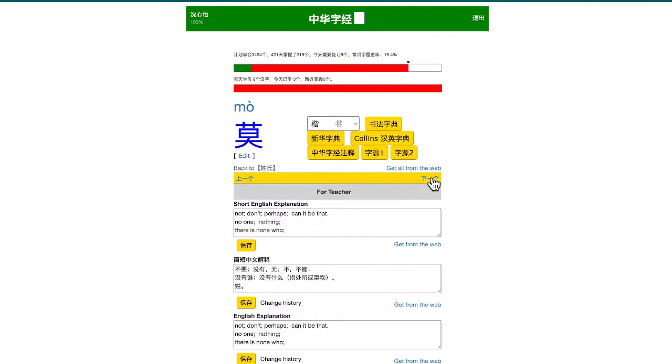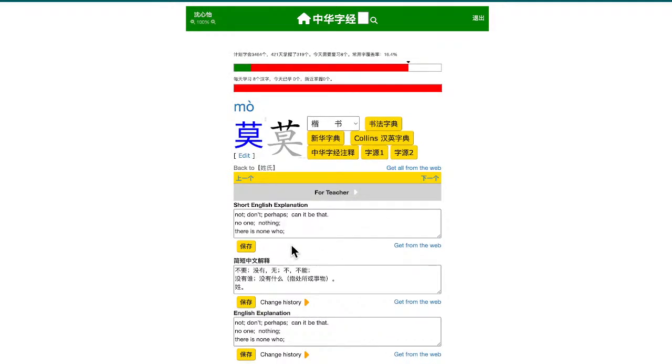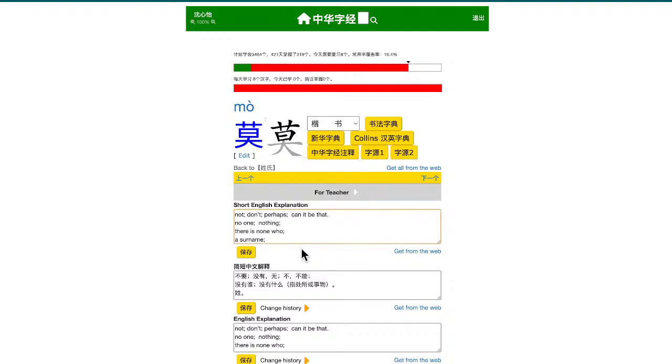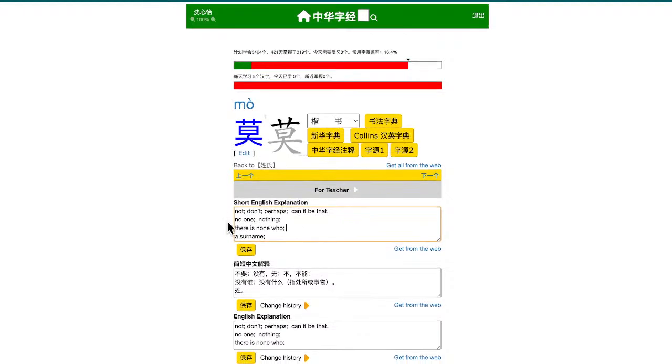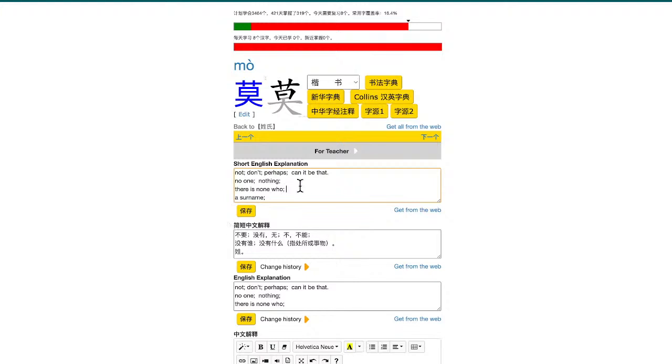Next one, Mo. Of course, it's a surname, but this one also has other meanings. The first meaning of Mo is basically no: not, don't, nothing, no one. So basically, it's a negating.